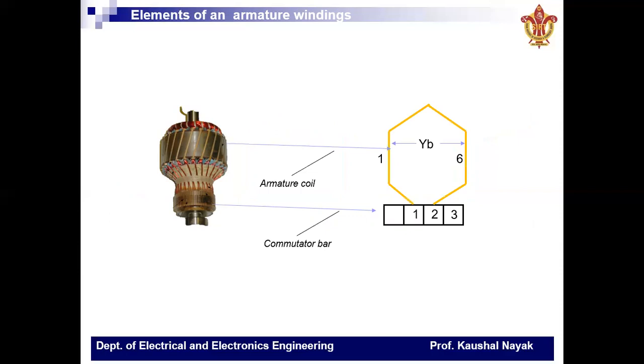In order to understand the various nomenclatures used in the measurements related to lap winding or wave winding, only the armature coil and commutator bar in the representation shown are utilized.